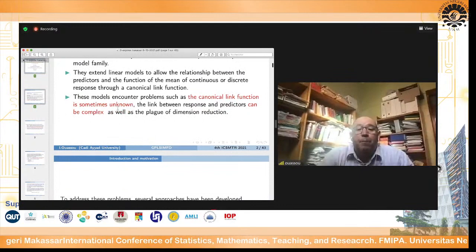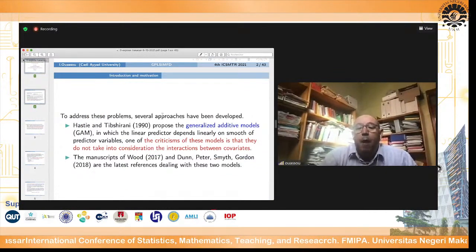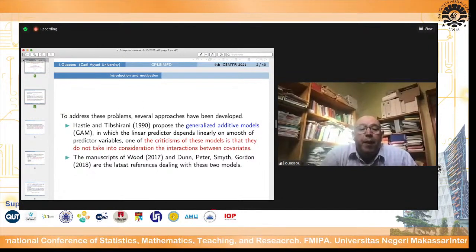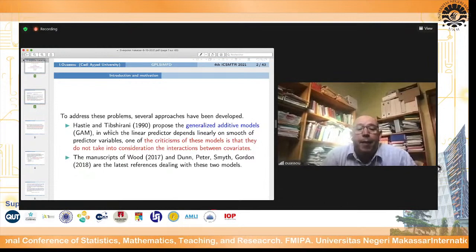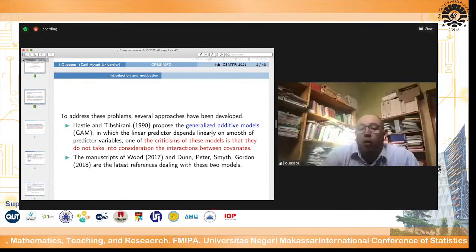To address this problem, several approaches have been developed in recent years. For example, Hastie and Tibshirani in 1990 proposed the generalized additive model, in which the linear predictor depends linearly on smooth functions of the predictor variables.